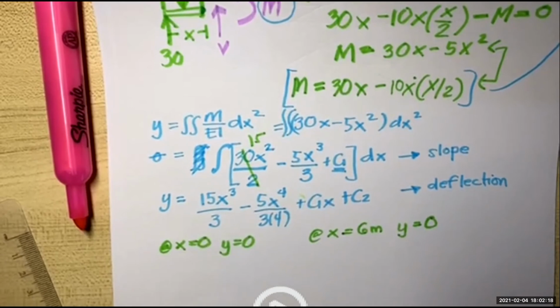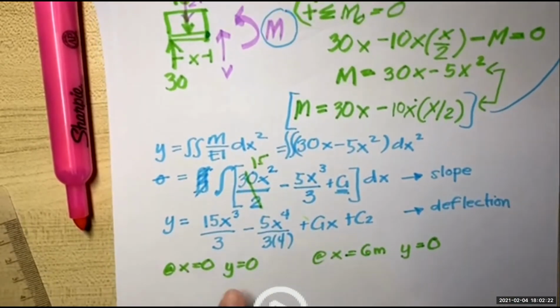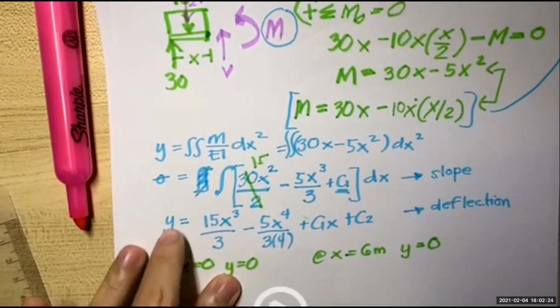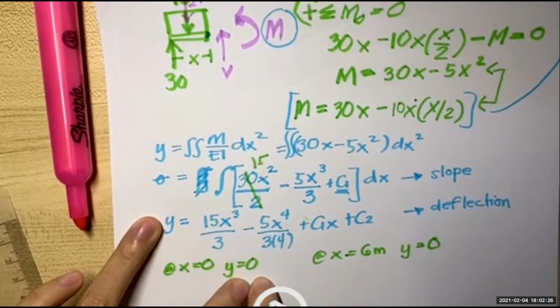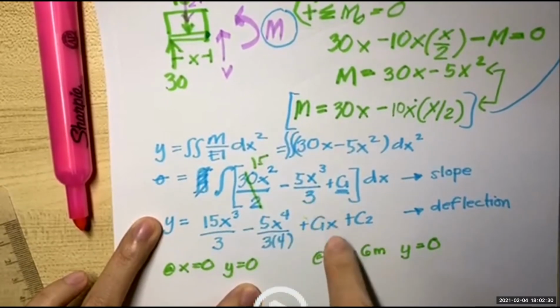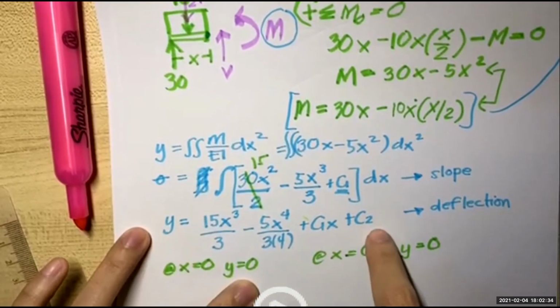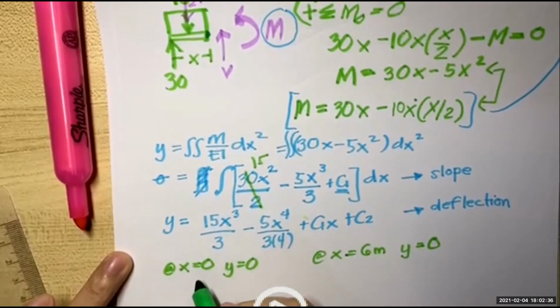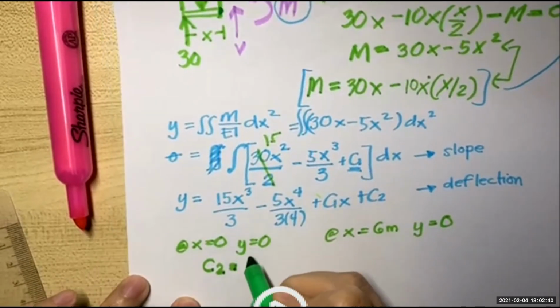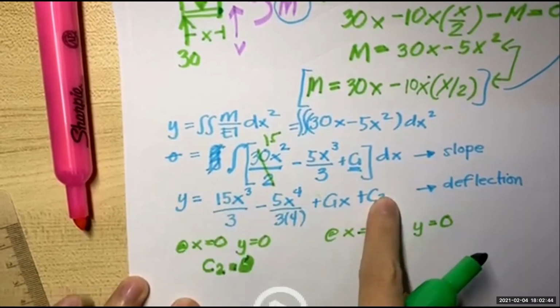So, substituting that here, kung hindi ko na isusulat, mahaba kasi. Kunyari, substitute mo yung y na 0, tapos substitute mo yung x na 0, cancel, 0, cancel, 0, cancel. Y, 0, cancel. Ang matitira is C2. Therefore, your C2 is equal to 0.